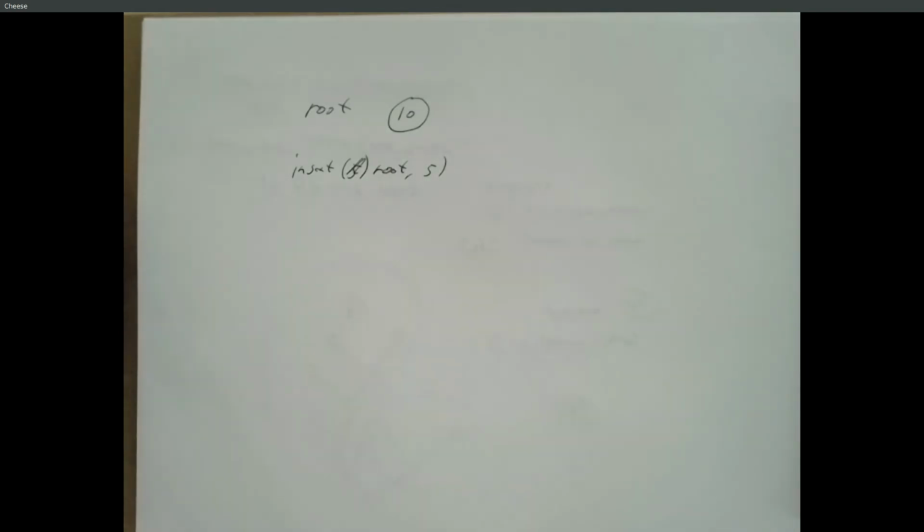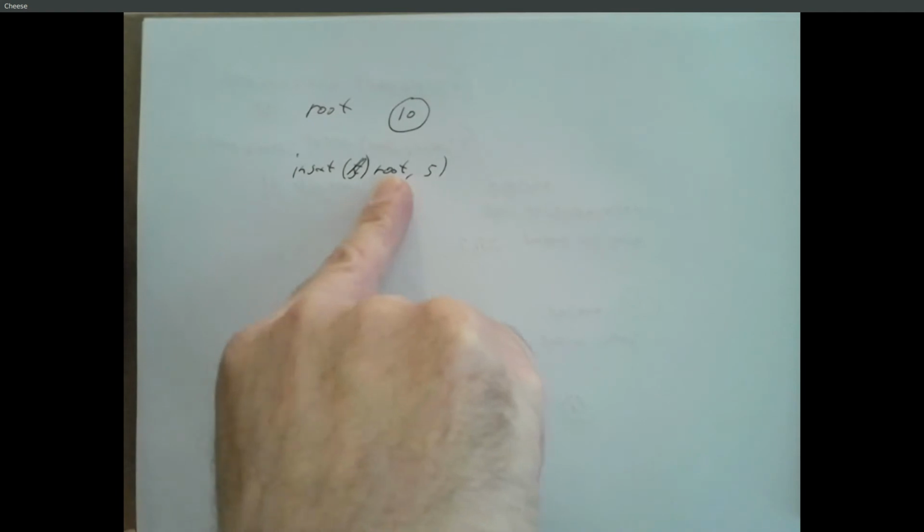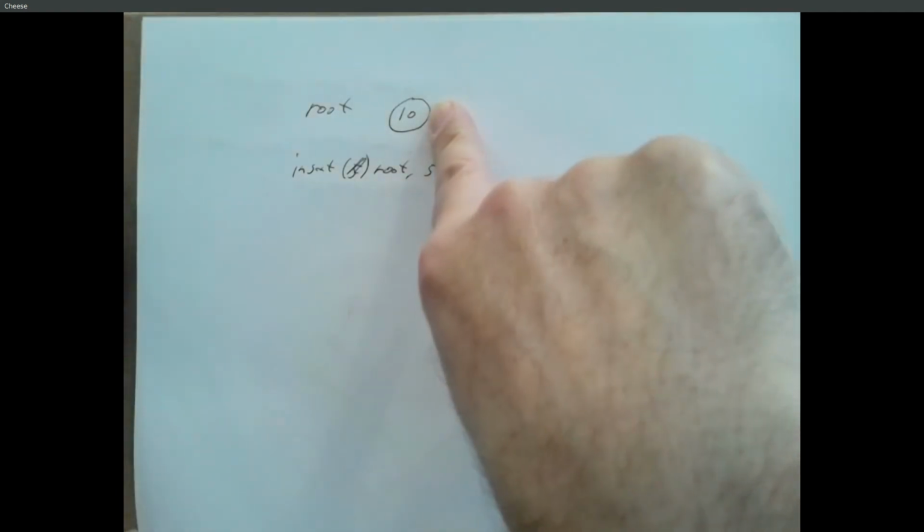And we've seen this code when we were playing with these recursive worksheets. So I'm going to pull this code out. All right, so here's our insert code. If our number is bigger than the root, root right equals insert, otherwise root left equals insert. Okay, so we're trying to insert a 5 into the tree that consists of just a single node.